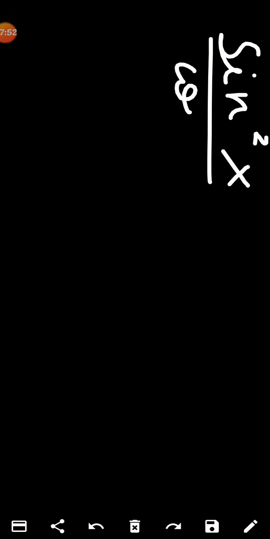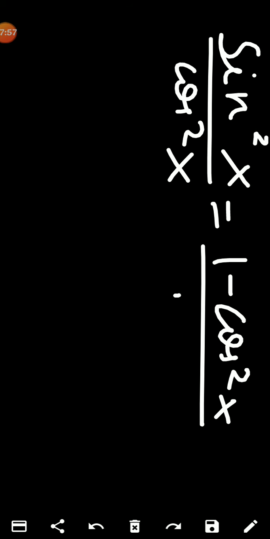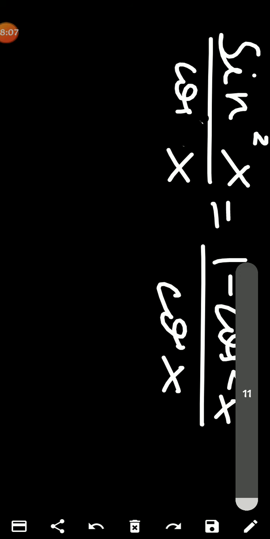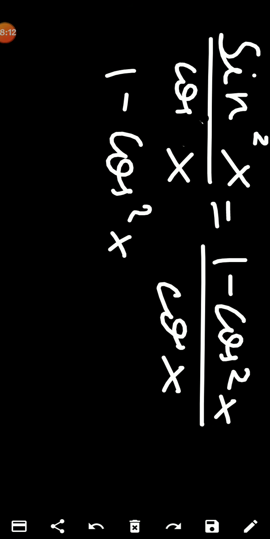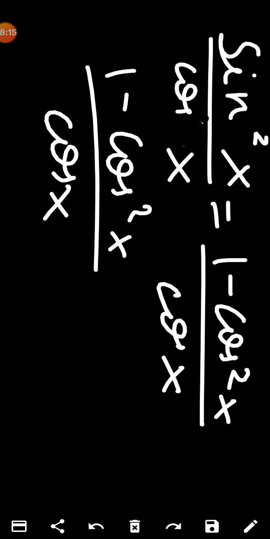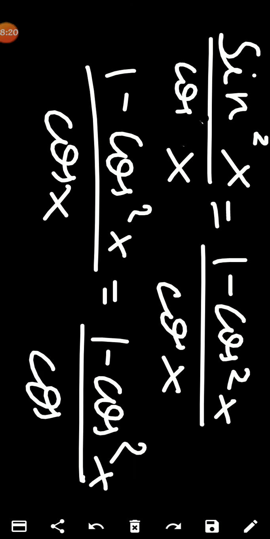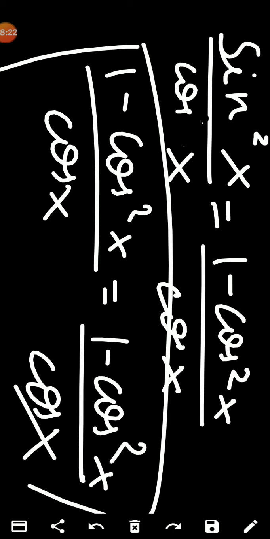So our equation was sin square x upon cos x is equal to 1 minus cos square x upon cos x. Okay, so now we know that sin square x is 1 minus cos square x. So 1 minus cos square x upon cos x is equal to 1 minus cos square x upon cos x. So thus we have proved this identity is also true.